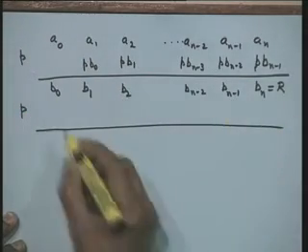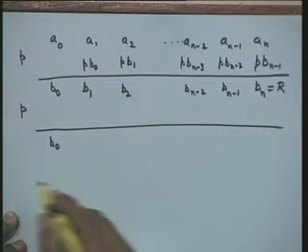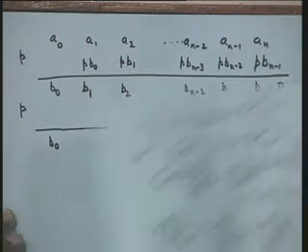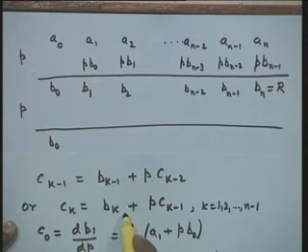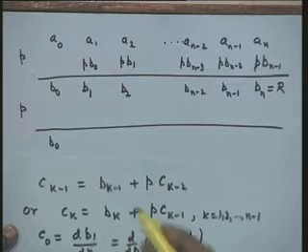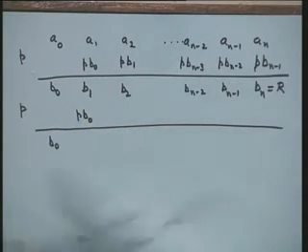Now C0 is B0, there is no change. Once you have defined C0 equal to B0, then C1 will be B1 plus P C0.